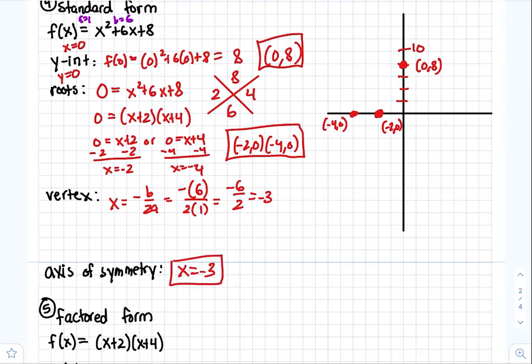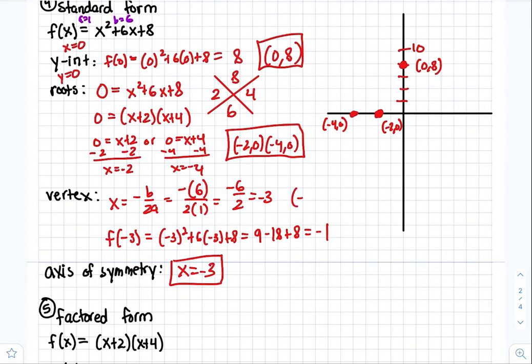Now, to find the y value of the vertex, substitute negative 3 into the original equation. f of negative 3 is equal to negative 3 squared plus 6 times negative 3 plus 8. Negative 3 squared is 9. 6 times negative 3 is negative 18, plus 8, and that is negative 1.